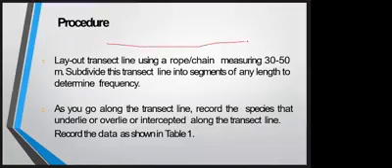Let's say 30 meters, 30 to 50 meters ang imuhang line. Then you subdivide this transect line into segments of any length to determine frequency. So maybe this 30 meters, now you have to divide it by, let's say, 5.